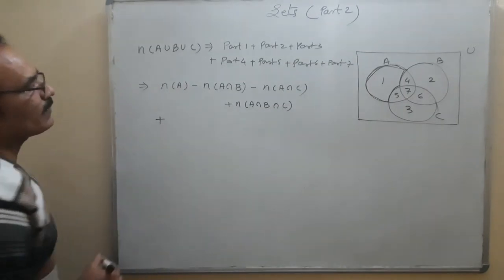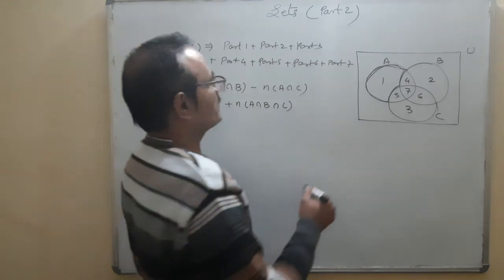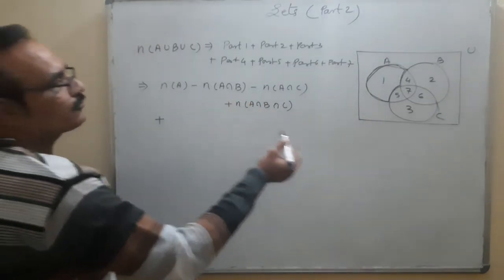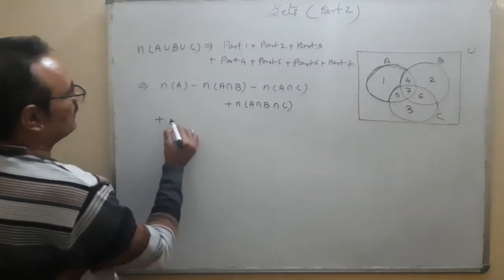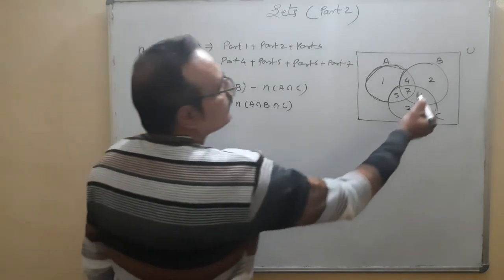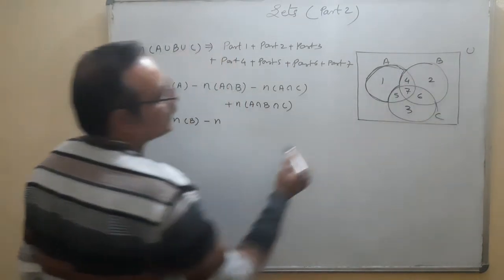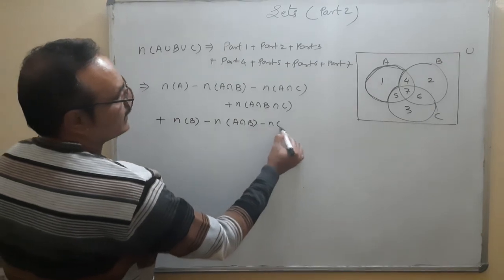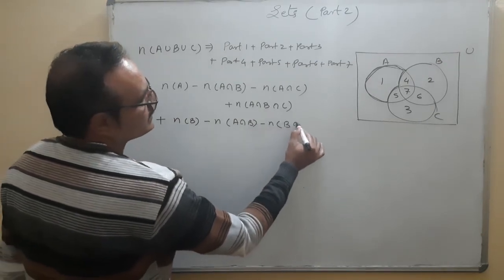Plus, this is one. Second, I am writing here part 2. How to write part 2? Same procedure. n(B) minus n(A ∩ B) minus n(B ∩ C).